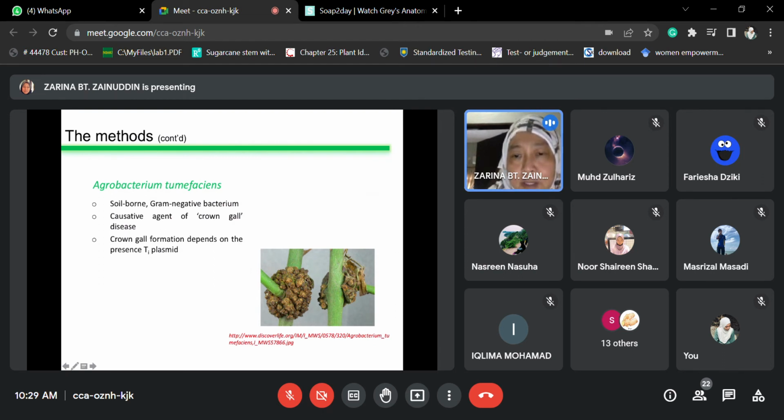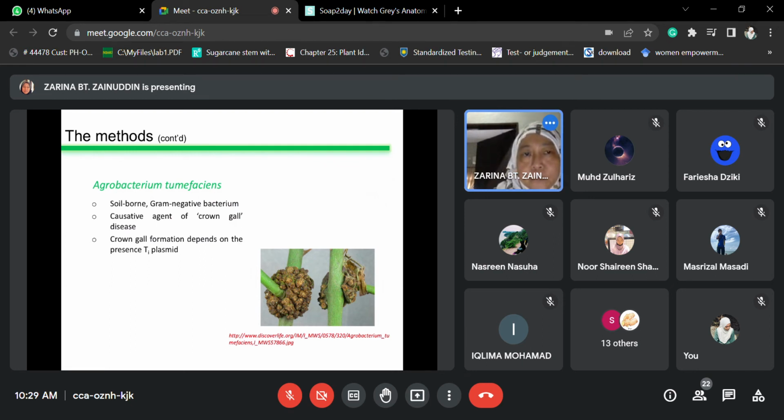Okay, so this is the tumor kalau di infect. Okay, so the crown gall formation depends on the presence of the TI plasmid. Okay, any question? So based on this, scientists modified the agrobacterium tumefaciens.